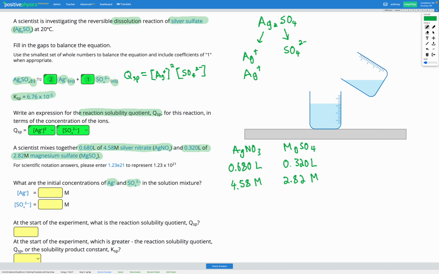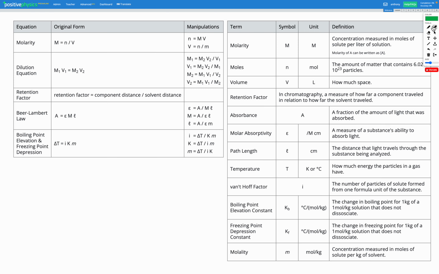So when we mix these together, the total volume is going to be 0.680 plus 0.320, which gives us a total volume of 1 litre. So it's almost like our solutions are being diluted to 1 litre total volume. So let's use our dilution equation.